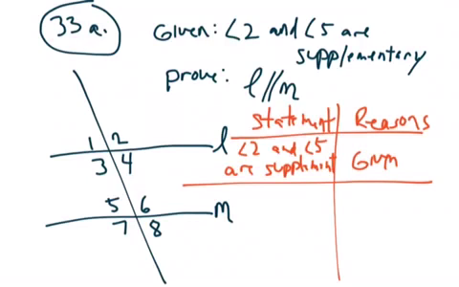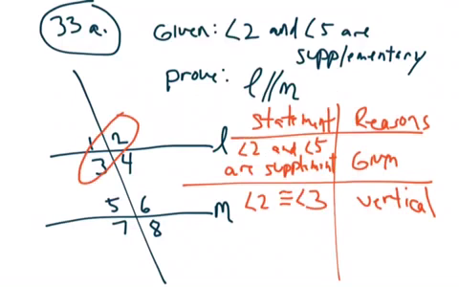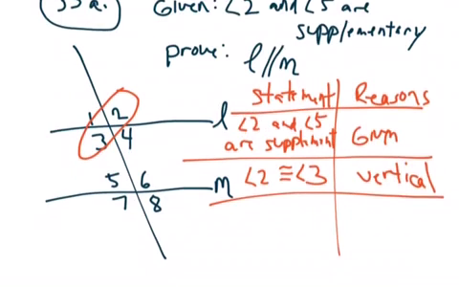Now, next we want to pick two angles that are vertical, but we have to be collecting data about either angle 2 or angle 5. So if we choose angle 2, then vertical to 2 is 3. So we could say that angle 2 is congruent to angle 3. Our goal is to use substitution or the transitive property to prove this.